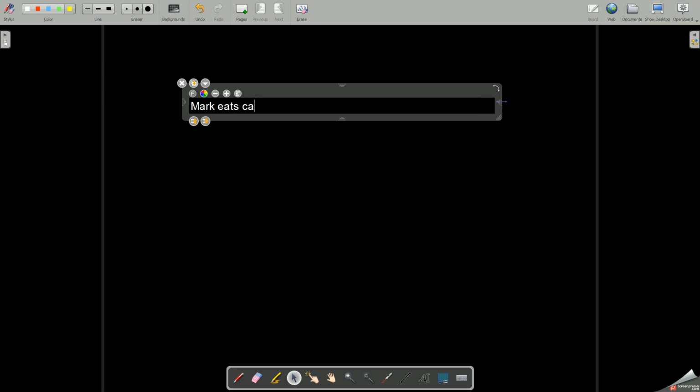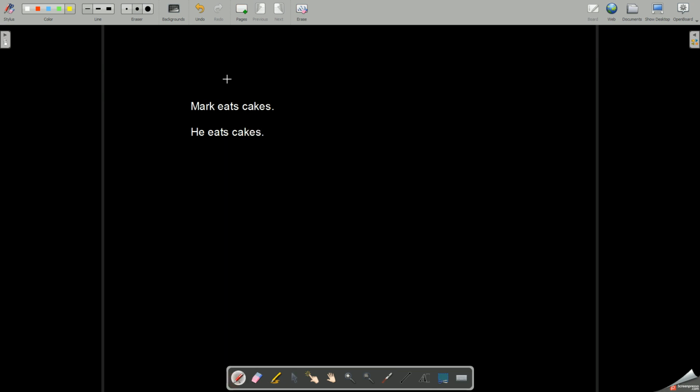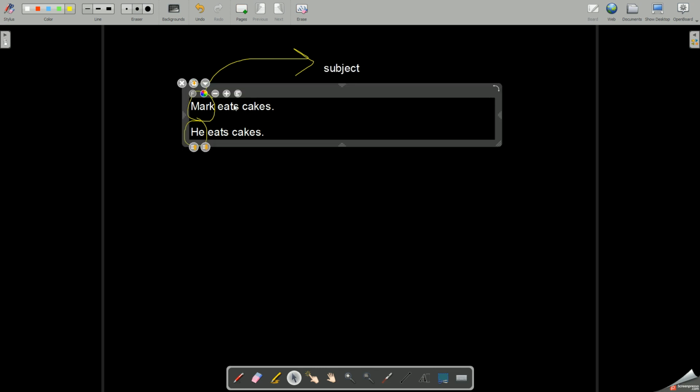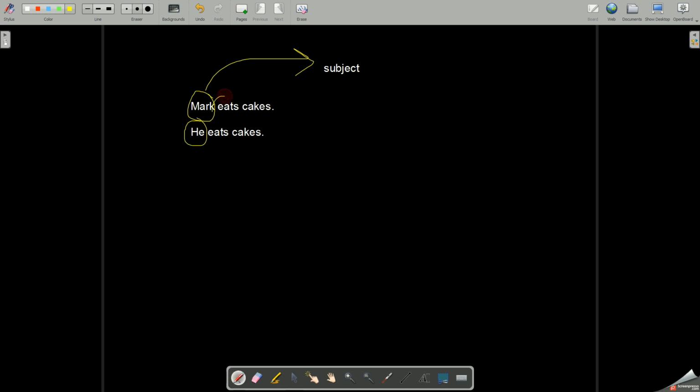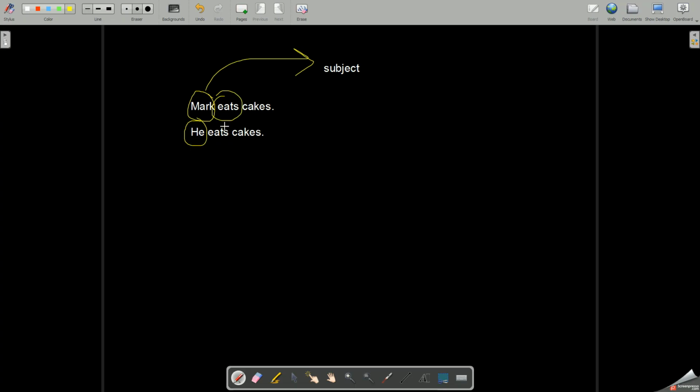In both these statements you can see that the noun or pronoun directly acts as the subject of the sentence, and is immediately followed by a verb.